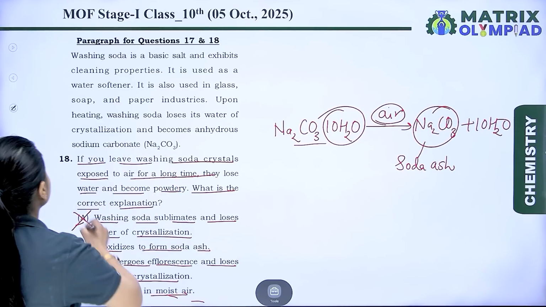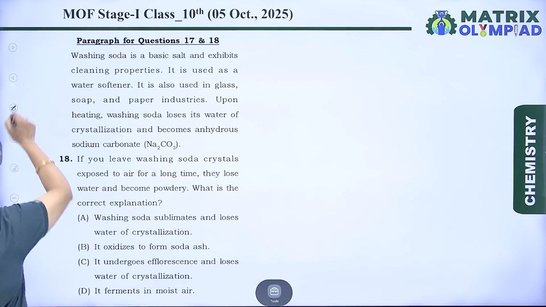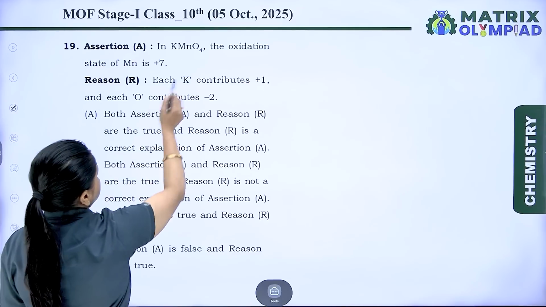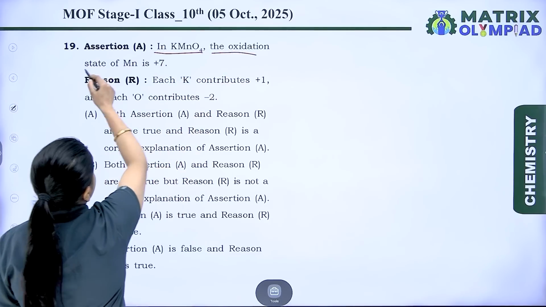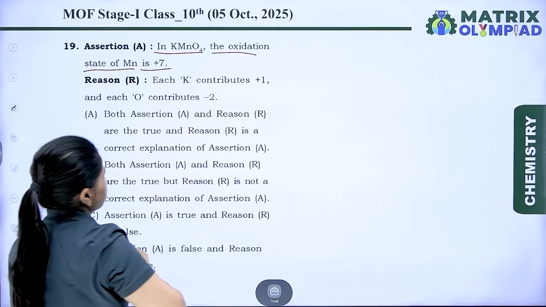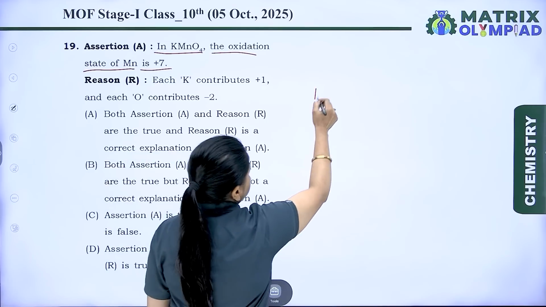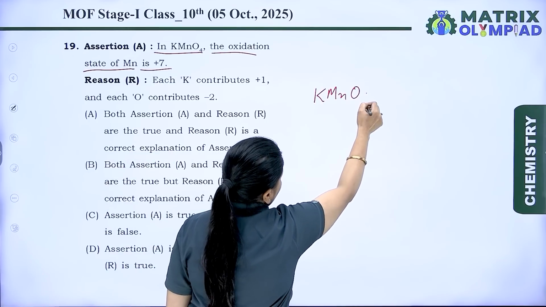Let's take the next question. Assertion reason. In KMnO4, the oxidation state of manganese is +7. Let's check whether the assertion is true or false.